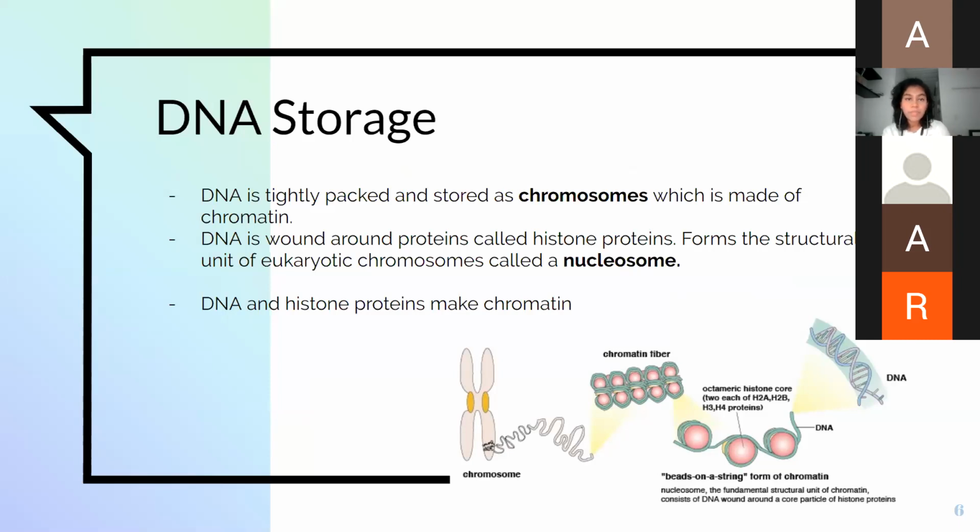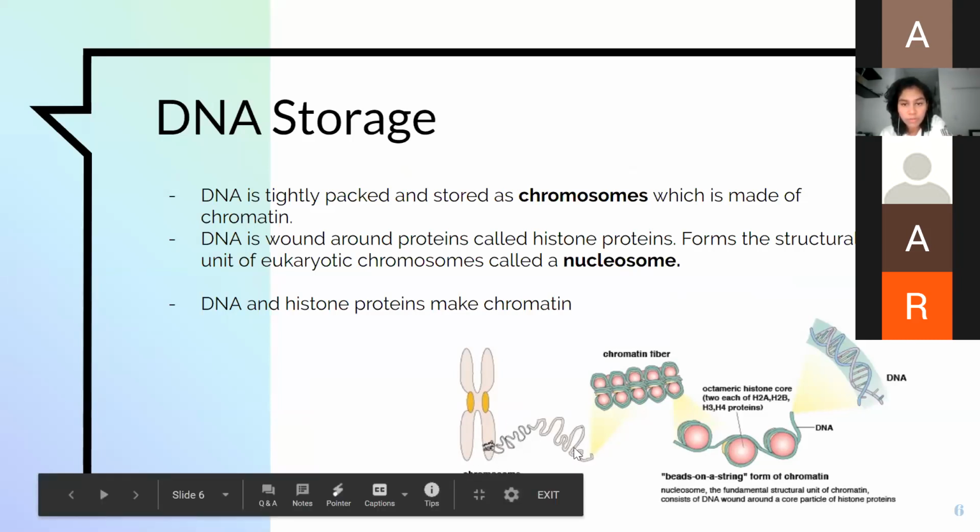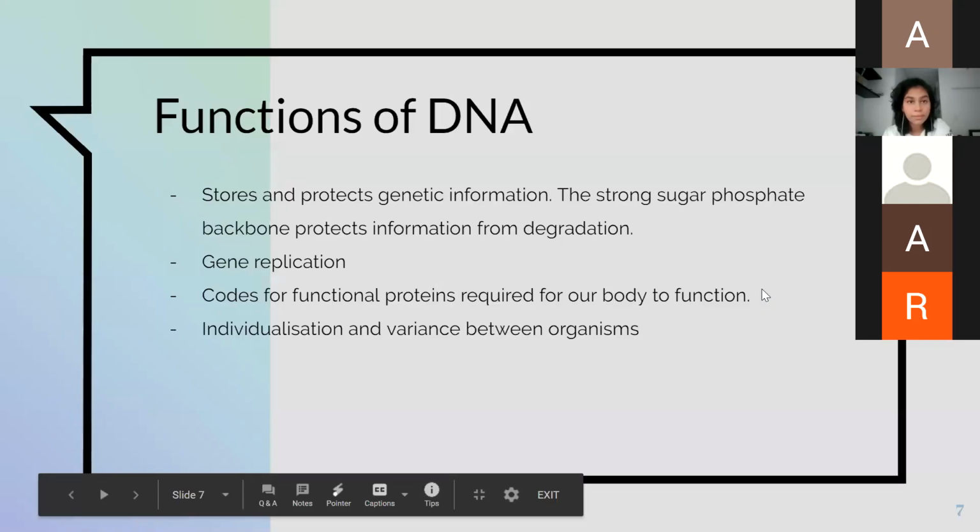The DNA is tightly wound around proteins called histone proteins, and these histone proteins make the structural unit called a nucleosome. From here, you can see how when you unwind the chromosome, it's tightly wound over these proteins, and when you finally stretch it out, that's DNA. So that's how DNA is generally packed.